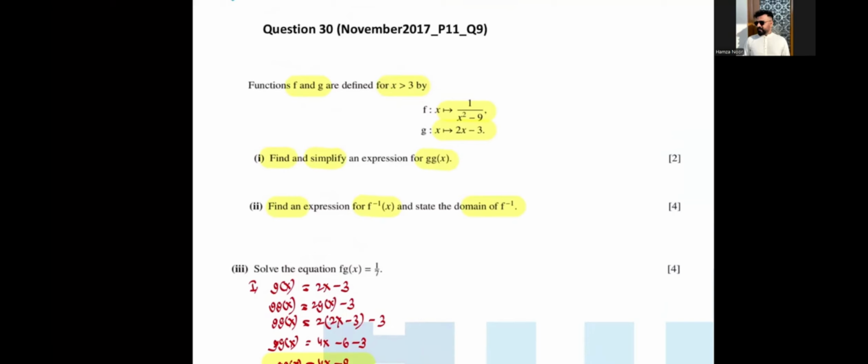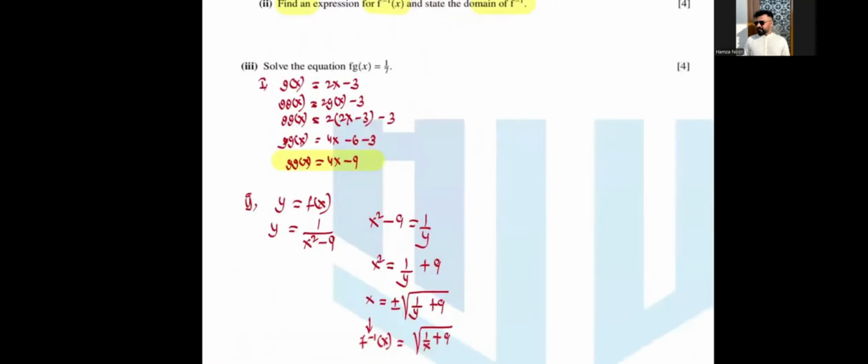The domain of f(x) will become the range of f inverse. So since the domain of f(x) is x greater than 3, the range of f inverse x would be f inverse x greater than 3. Agreed. So we need the outputs of f inverse x to be greater than 3.